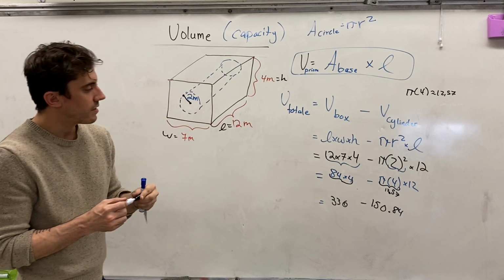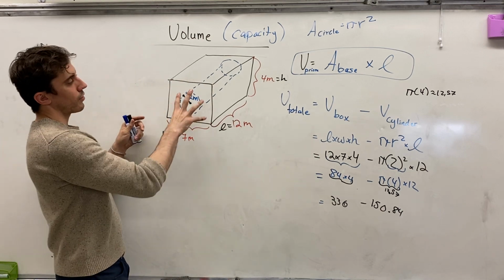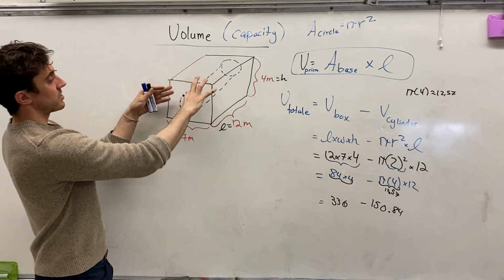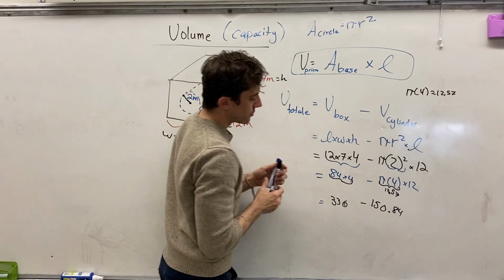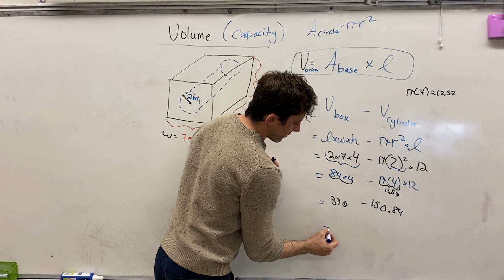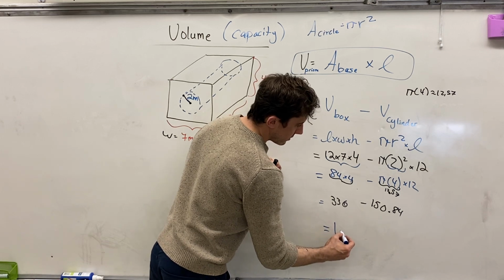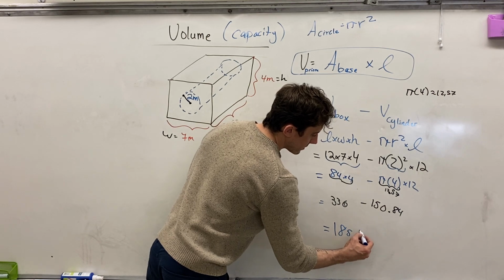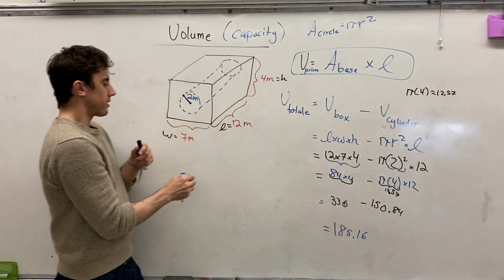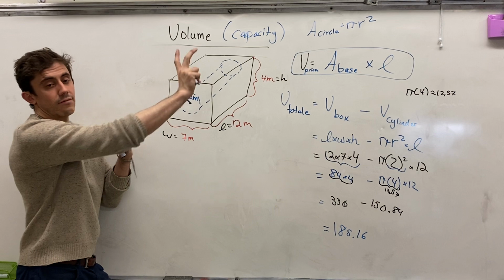Now to finish it off, we want the volume inside the box that is not inside the cylinder, so around the cylinder. And so we subtract the two, and we end up with a volume of 185.16, with our units of meters in every dimension.